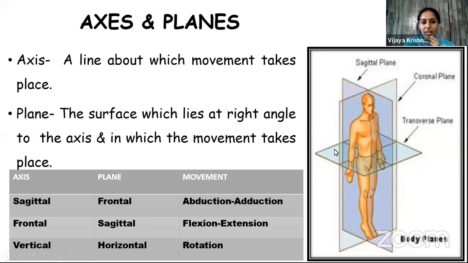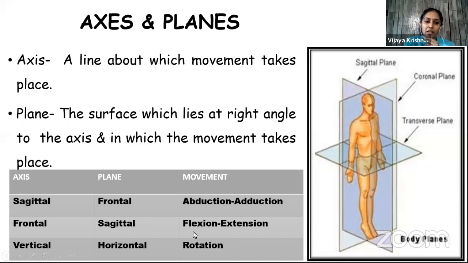So what movements happen in these axes? In the sagittal axis, frontal plane, there is the movement of abduction and adduction. You can see here, you are moving the hand into abduction and adduction. The next is the frontal axis, sagittal plane, where the movement occurring is flexion and extension. This is the frontal axis and this is the sagittal plane where flexion and extension happen.